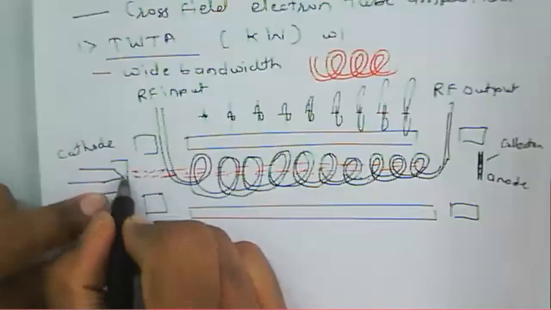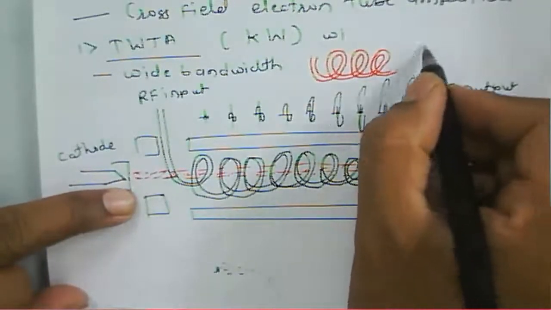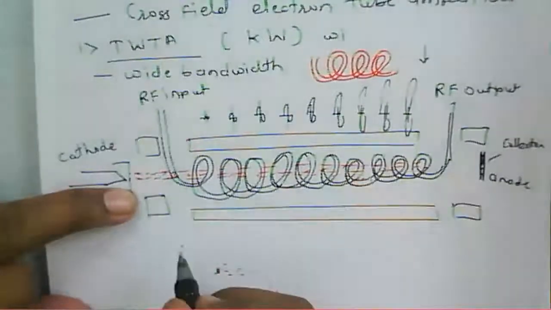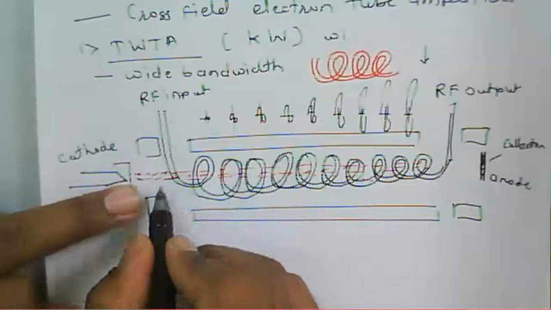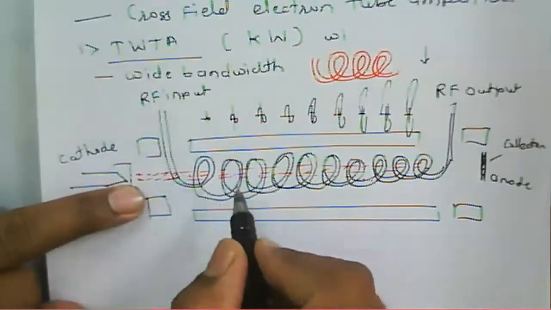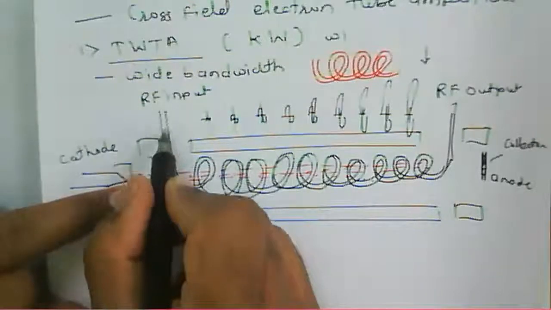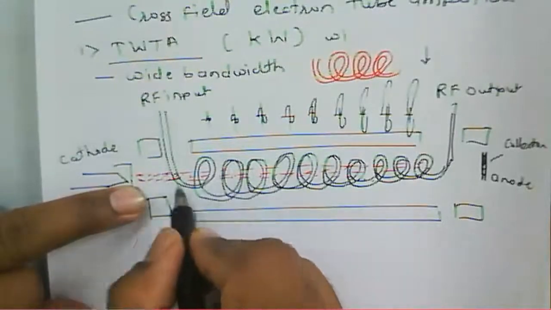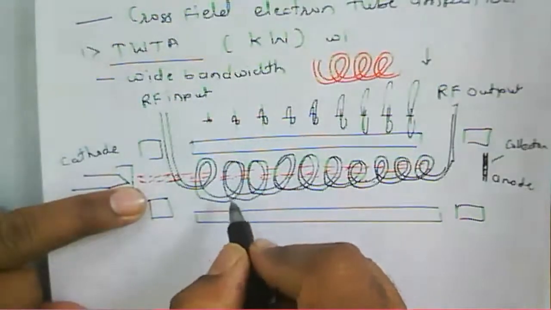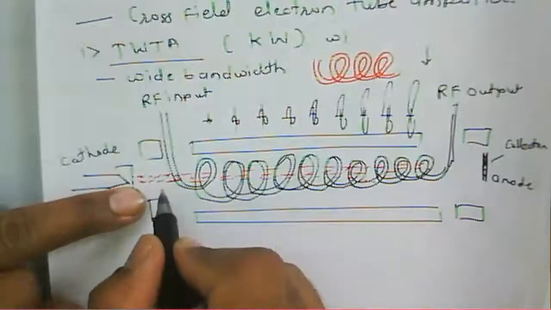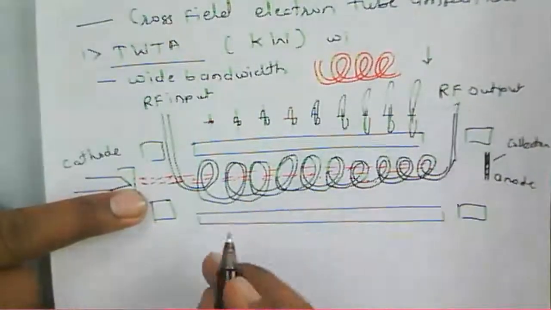So we can control the electrons emitted from this cathode, and thereby control the amplification of this RF signal, because the energy of the electron beam is transferred to the RF signal as it propagates through this helix. The electrons provide their energy to the RF signal, so it gets amplified while traveling through this tube. That's why the output is amplified.